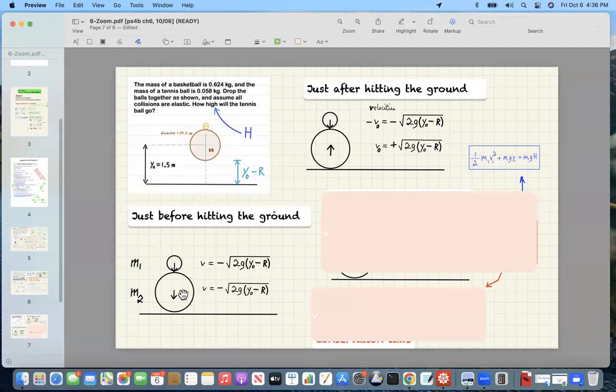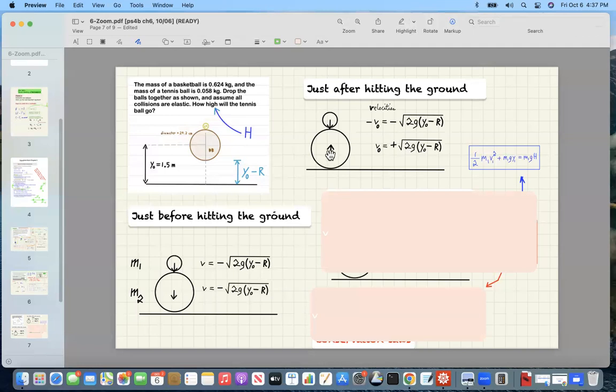It doesn't lose much energy when it hits the ground, so we'll neglect any kind of inelasticity. It'll just have the same speed, only now moving up: the square root of 2g(y0 minus r). And this is just before the collision occurs, so the tennis ball is still moving down with the same velocity it had before. It's downward, so it's negative the square root of 2g(y0 minus r). Well, that's just minus v0.